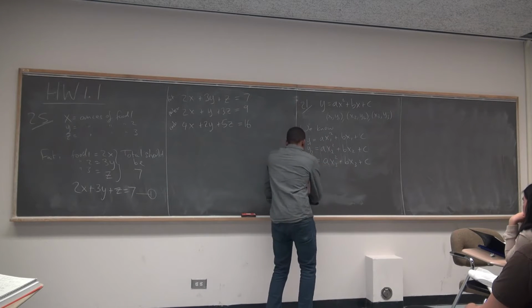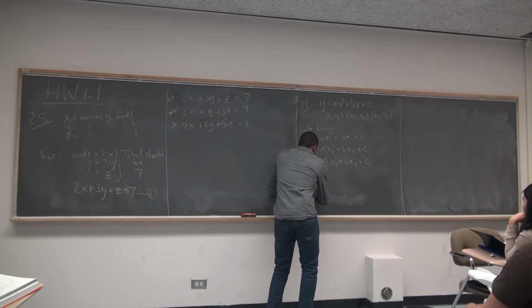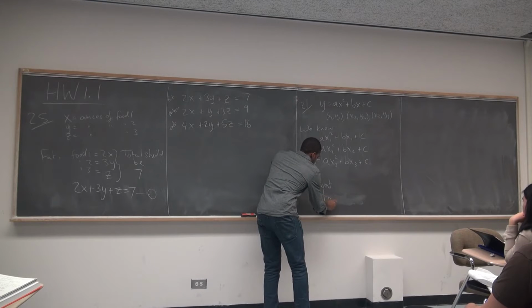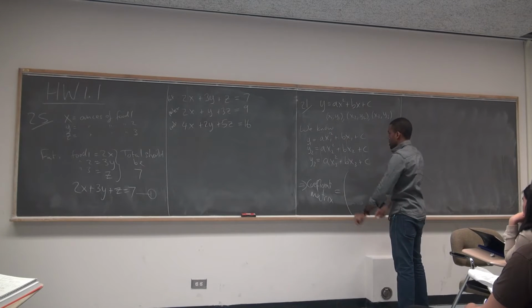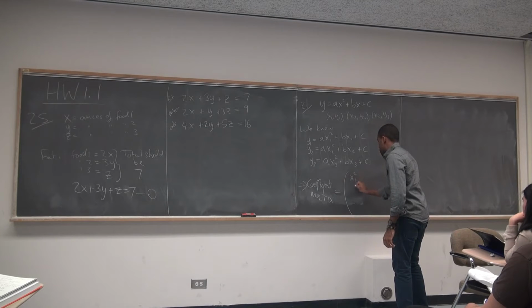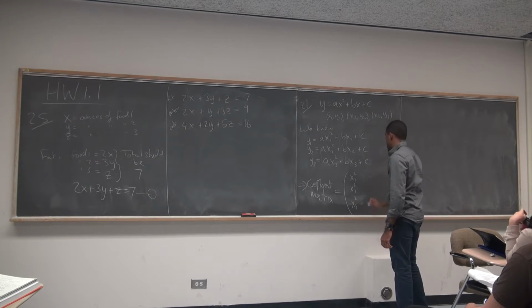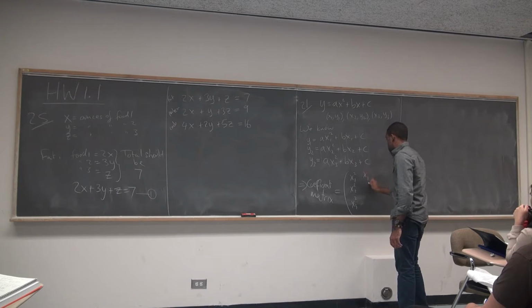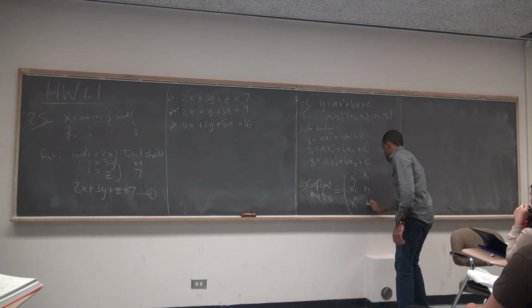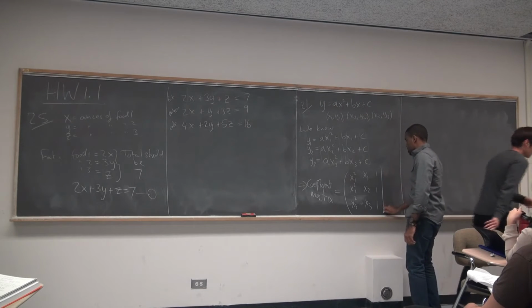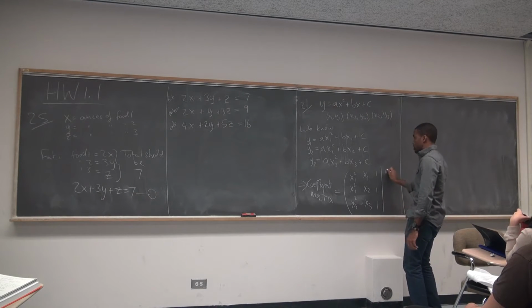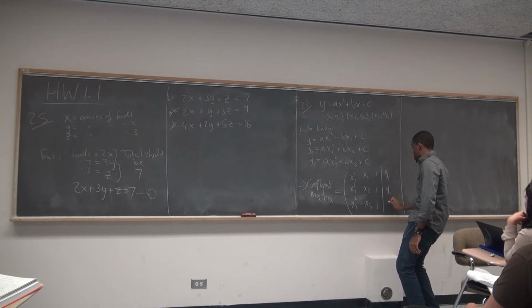The first column is x1 squared, x2 squared, x3 squared, the next is x1, x2, x3. The coefficients of c are always 1, and the solution column, the answer column, is given by y1, y2, and y3.